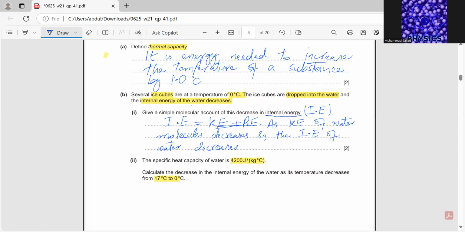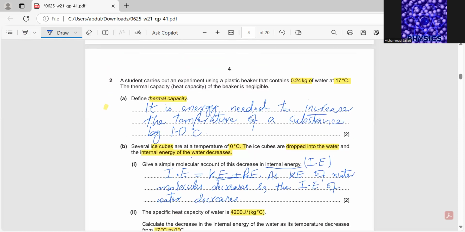We know the equation for energy is mcΔT. Mass is given, c is given, and the change in temperature is also given. Mass was given in the very first line.